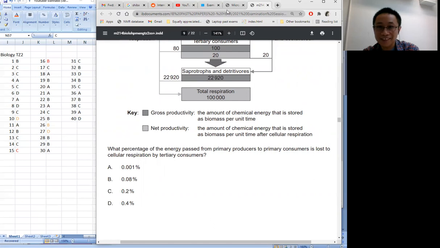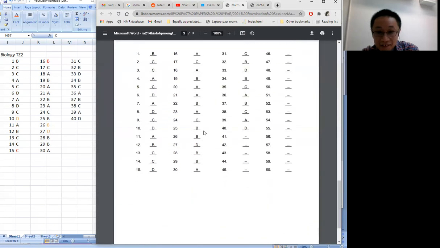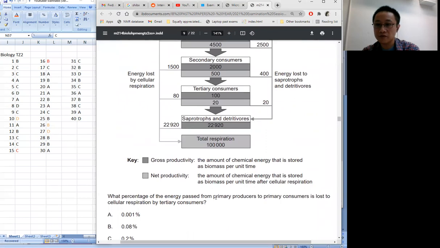I got this wrong. How did I get it wrong? They say it's D. Did I misread the number or something? 0.4%. What percentage of the energy passed from the primary producers to primary consumers?